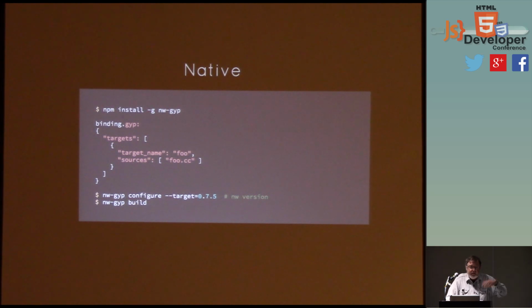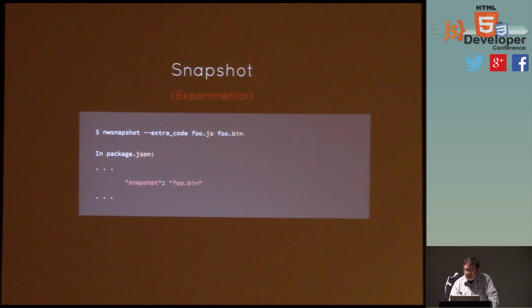Same idea, it uses the necessary header files and stuff for building. This allows you to write stuff in actual C or C++, and then incorporate that as a Node module. So it's a nice way to do true native code inside your Node-Webkit app.